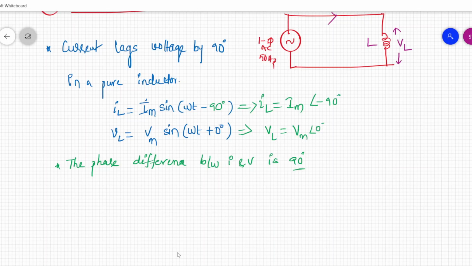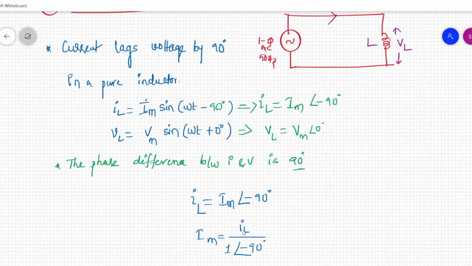Now I am taking this IL here, IL equal to Im at an angle of minus 90. So I am writing Im equal to IL by, shifting this phase angle, 1 by minus 90 degrees.